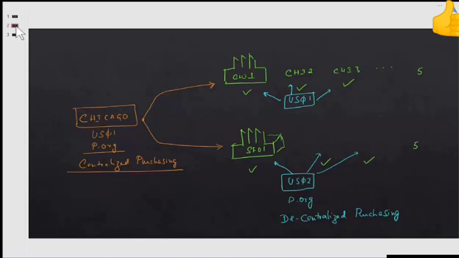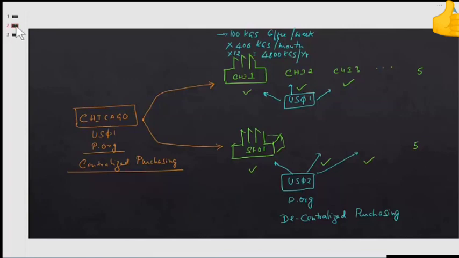Let me give you an example. Say every week Chicago is procuring say 100 kilos or pounds of coffee every week. That means over a course of 4 weeks it's going to procure 400 pounds per month, and multiplied by 12 equals 4,800 kilos per annum.